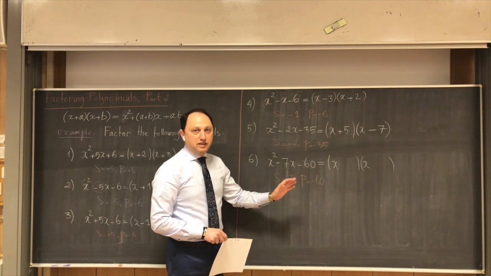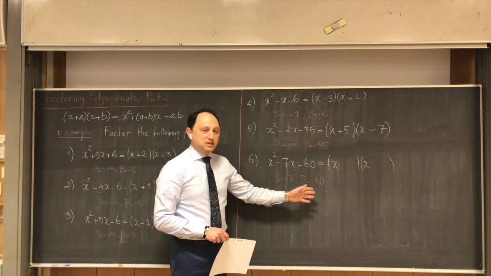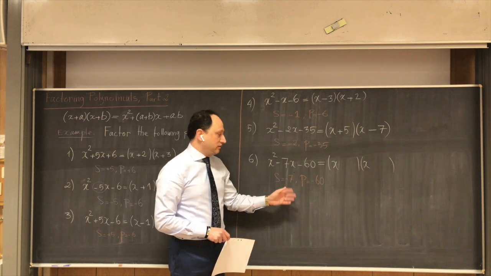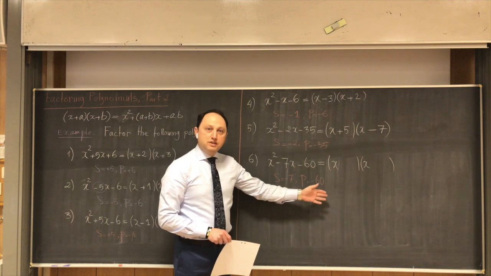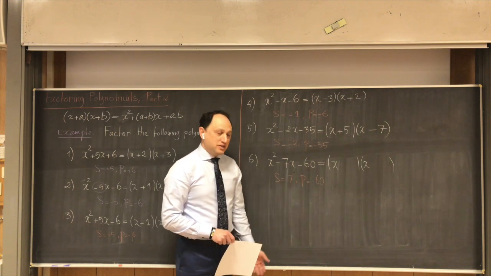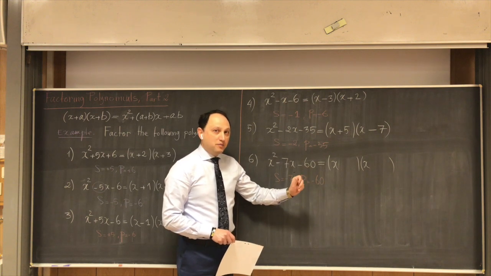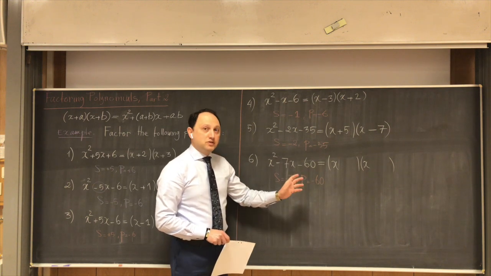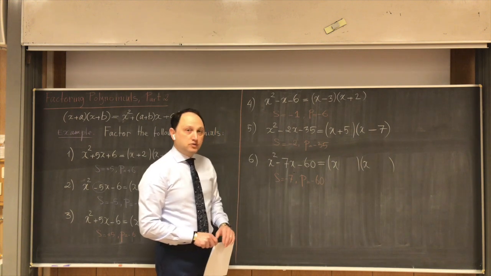If I add 1 and 60 with any possible signs, it will not give me negative 7 for sure. 2 and 30 the same, 3 and 20 the same, and then I have 4 and 15, for example, the same, 12 and 5. 12 and 5, by the way, is a good idea, because the difference between 12 and 5 is actually 7. So it might be a good guess here.